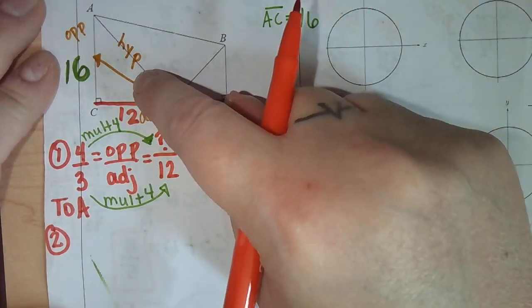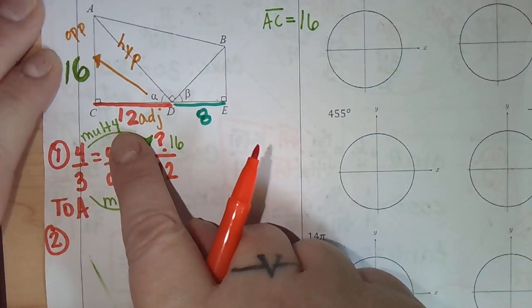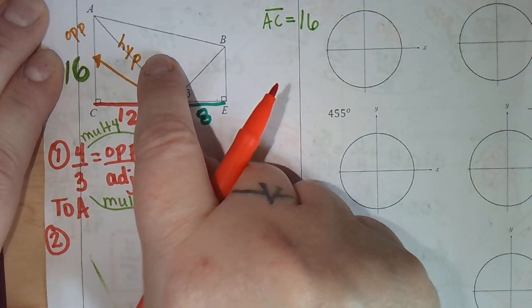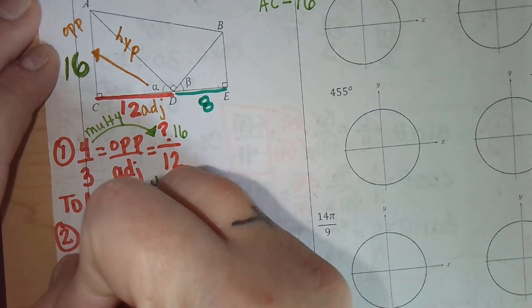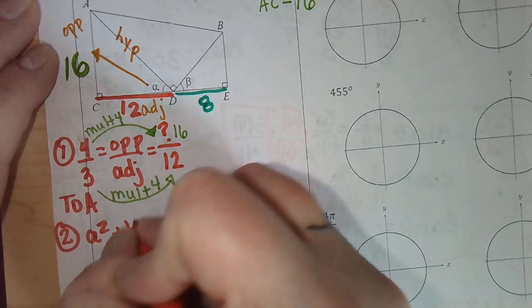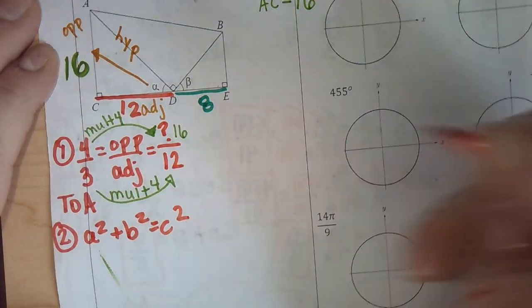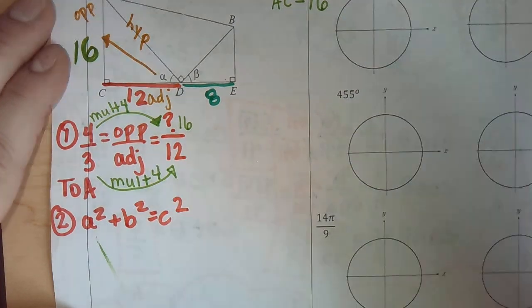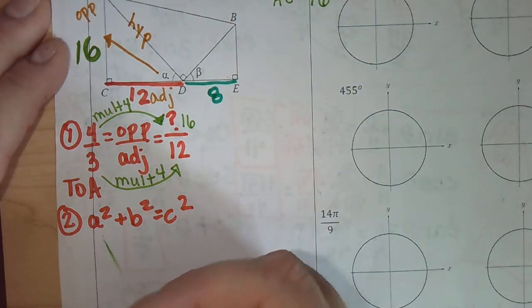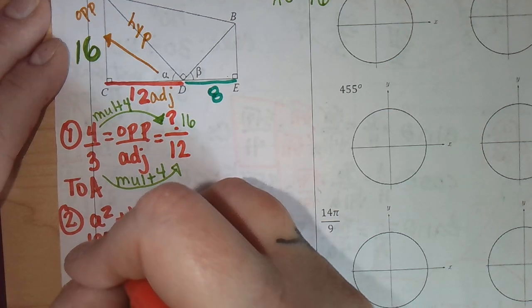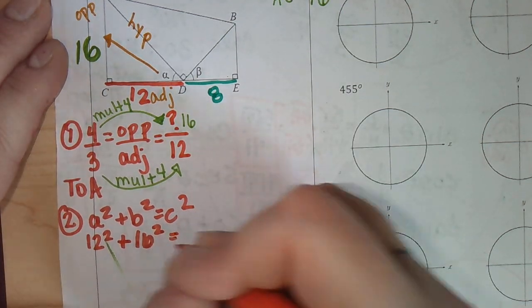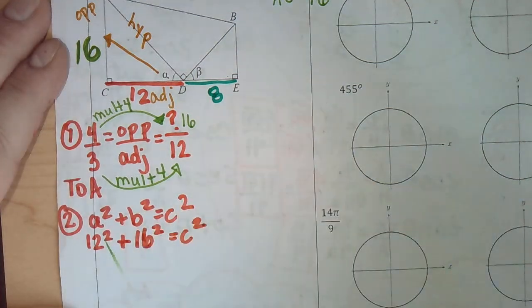Okay, well, since now we have 12 and 16, we can find the third side by doing the Pythagorean theorem. I think I'm doing this a little bit out of order from what I did it in class, but it's still okay. Okay, so A, I'll say is the adjacent squared, plus B, I'll say is the opposite squared, equals C, we don't know.